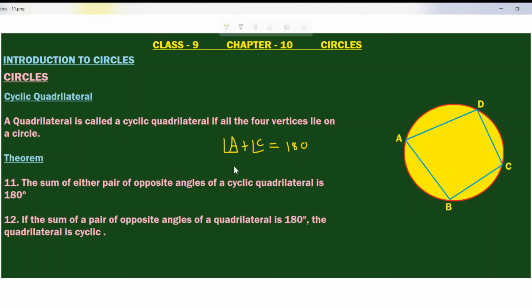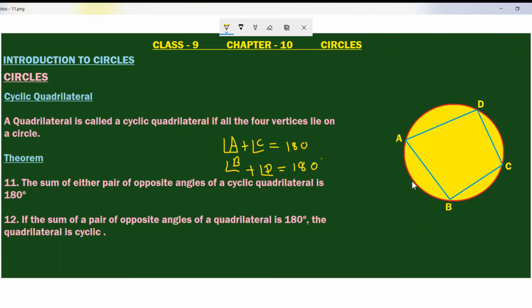In the same way, if you add angle B plus angle D, the sum will be 180 degrees. So the property of a cyclic quadrilateral is that the sum of either pair of opposite angles would be 180 degrees. Got it?